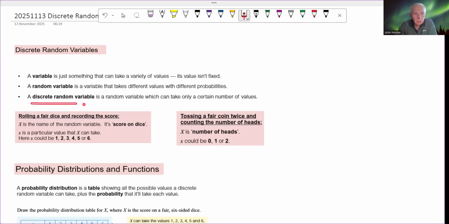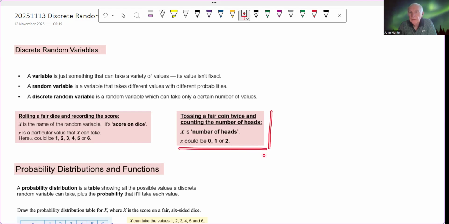And we're talking about discrete random variables. They can only take a certain number of values. In another video, we're going to be talking about continuous random variables. The difference might be seen when tossing a fair coin twice and counting the number of heads.